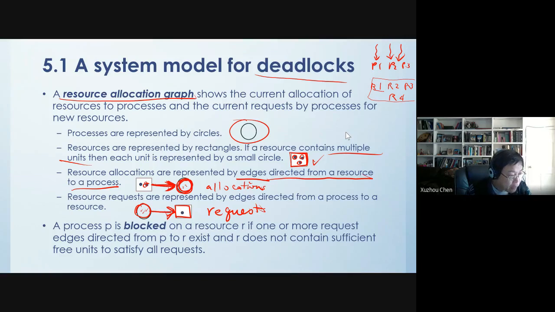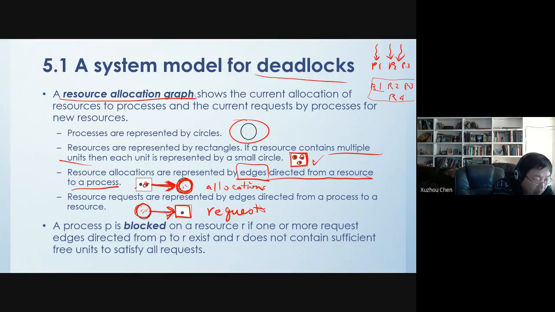Now in the resource allocation graph, we also use edges. An edge is just a line with an arrow. There are two actual directions. One is where the arrow points to a process from a resource.